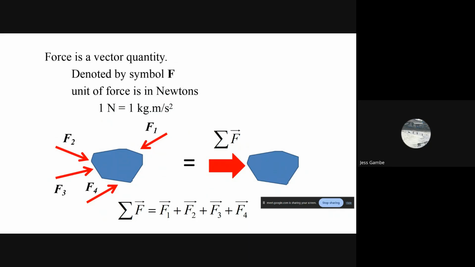Okay? Acceleration. So if you imagine a rigid body, like this one here, it is acted on by 4 forces. As you can see, the 4 forces are oriented differently with respect to some axes.